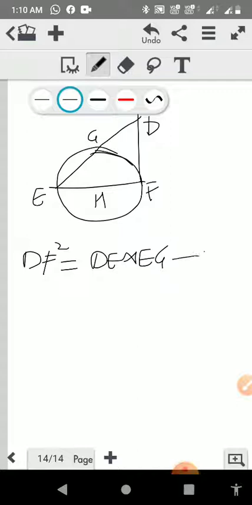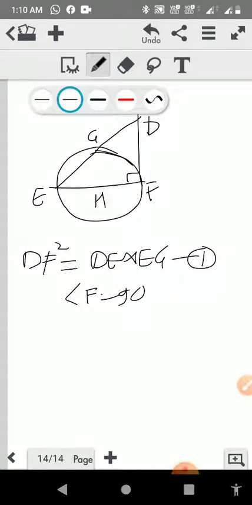Let us put this as equation number 1. Now we have seen that this HF is perpendicular to DF, which means angle F is 90 degrees.